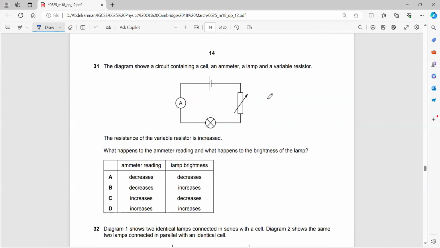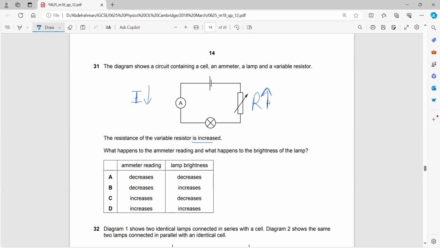Now, question 31. The resistance of the variable resistor is increased. What happens to the current and what happens to the lamp brightness? As the resistance increases, the current decreases.